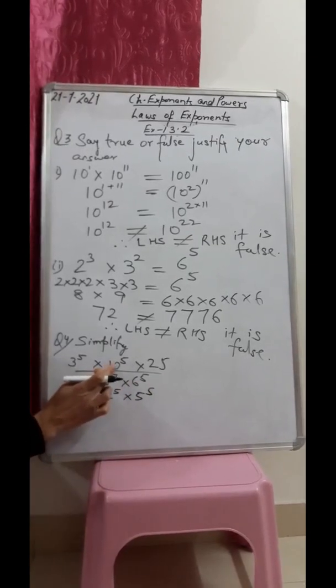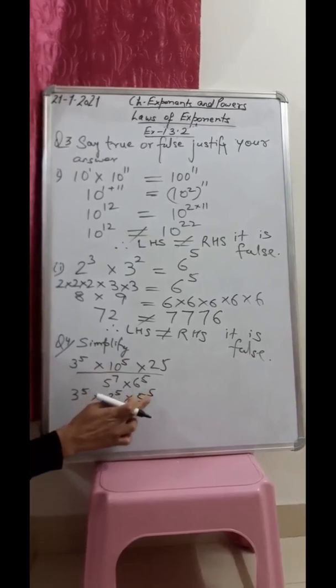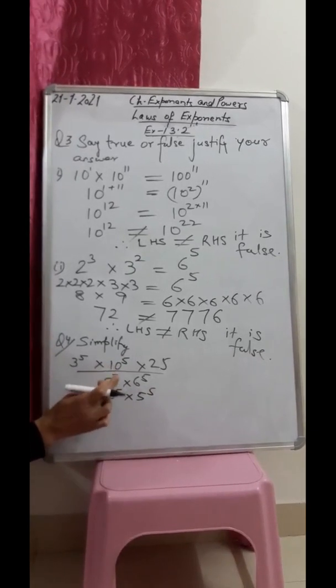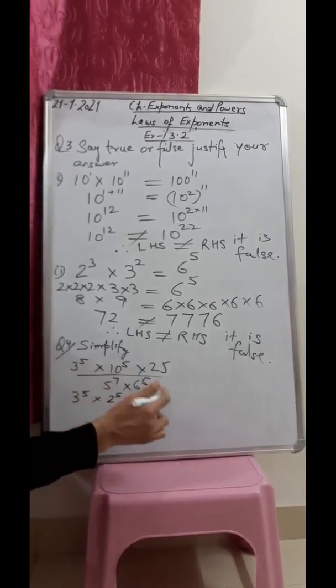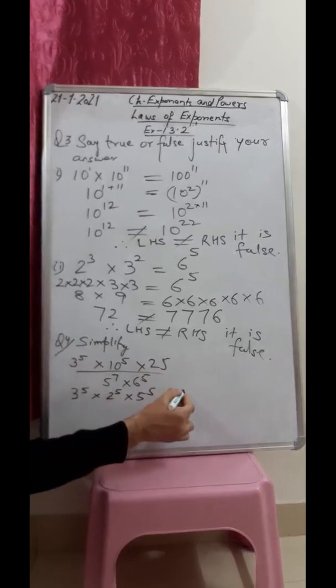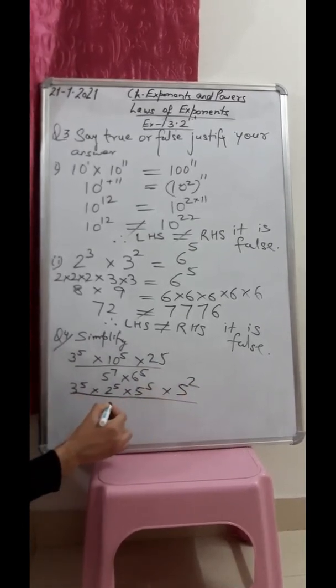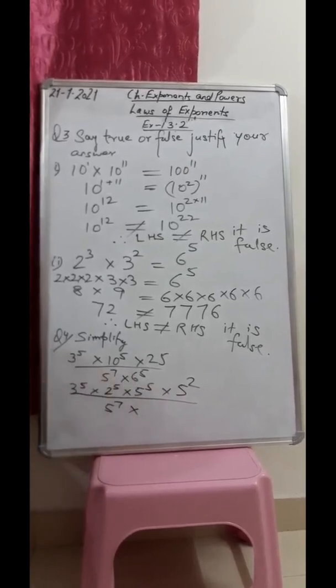I have split 10 raised to power 5 as 2 raised to power 5 into 5 raised to power 5, because the base is 10 and 2 and 5 are the factors. And 25 means 5 raised to power 2, upon 5 raised to power 7 into 6 raised to power 5.